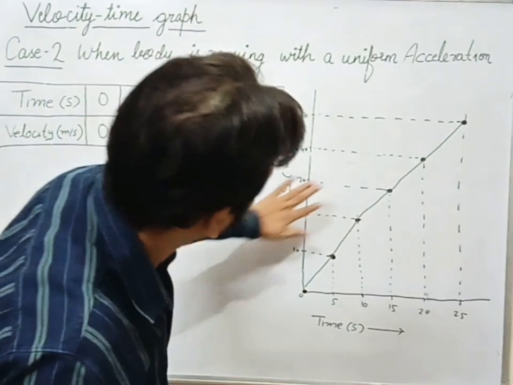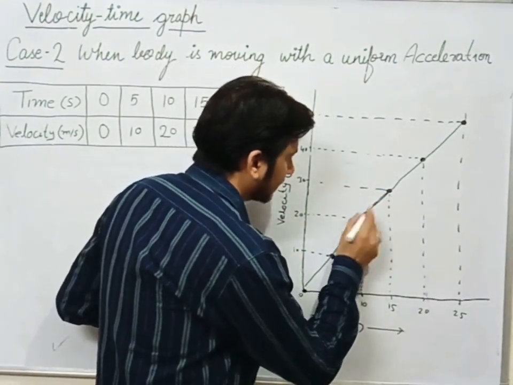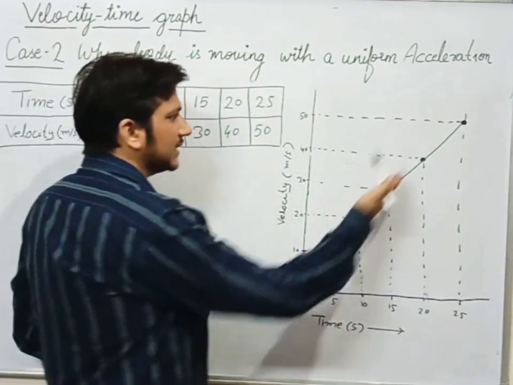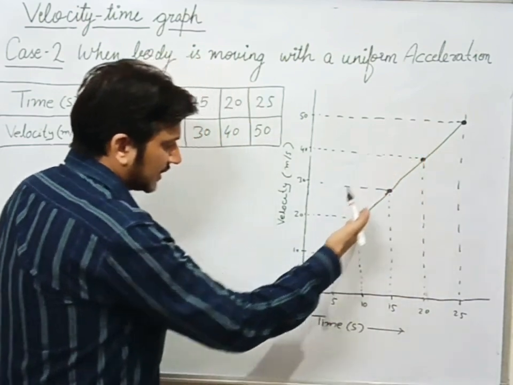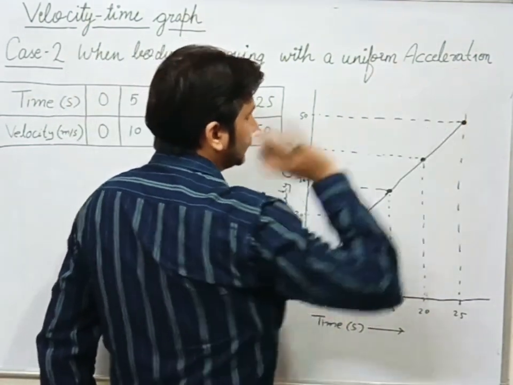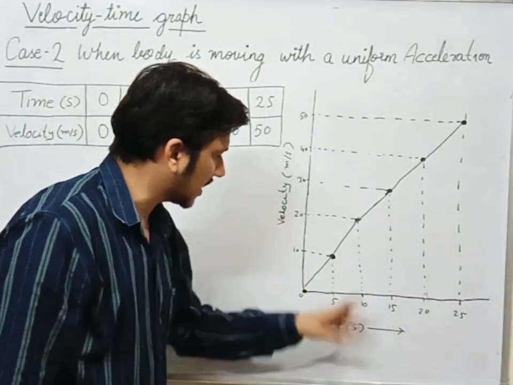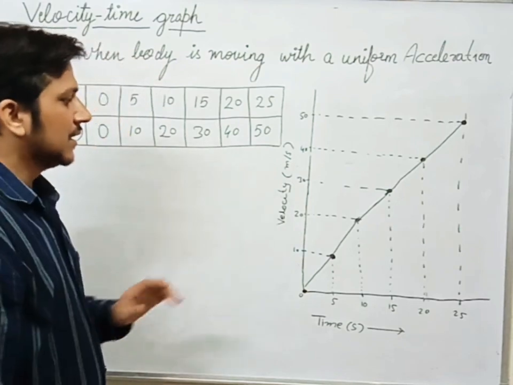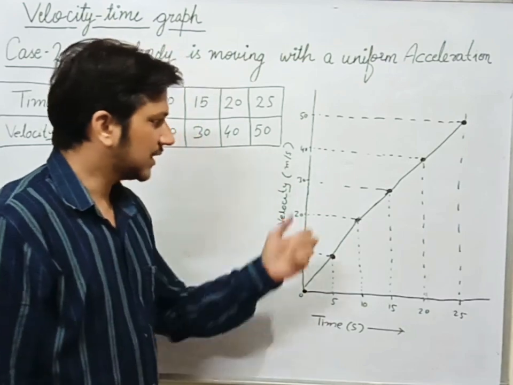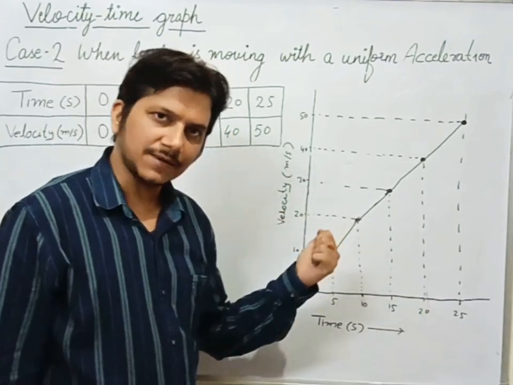A straight line denotes that the object is in uniform acceleration, and this straight line is inclined to the time axis. Now by this graph we can also find the acceleration in any interval of time.